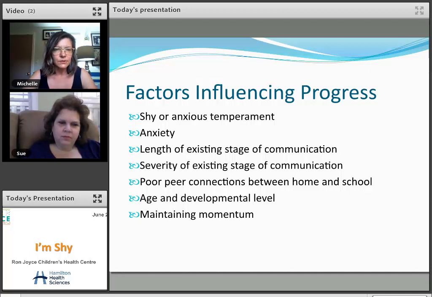Whether they have a disorder on top of that, we can't tell you that, but the two usually go hand in hand. And then there's the length of how long they've been at that stage of communication. So if they haven't spoken at school to any adults, or just to one or two adults, for a whole year, half a year, 2 years, to get to the next step will be much harder.